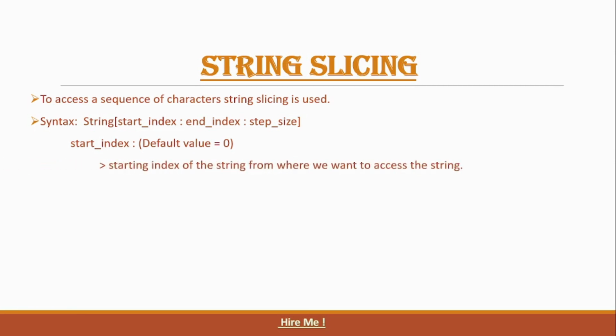So start index is nothing but the index value of the character from where we want to start accessing the string. Included means whatever value you pass as the start index value, that character is going to get included in our output. We'll understand it in more detail when we perform string slicing in our Jupyter notebook.